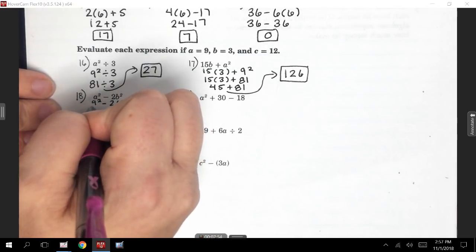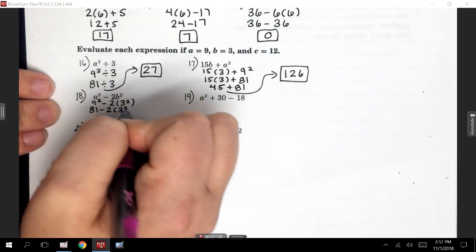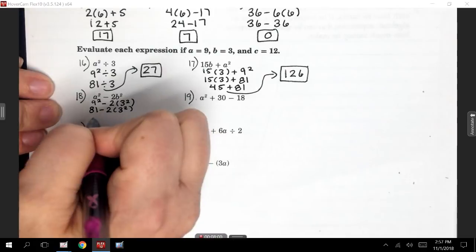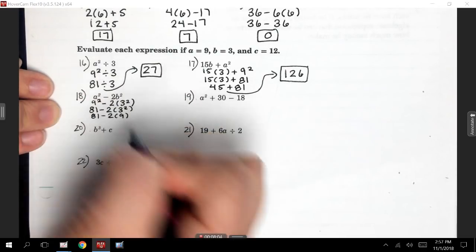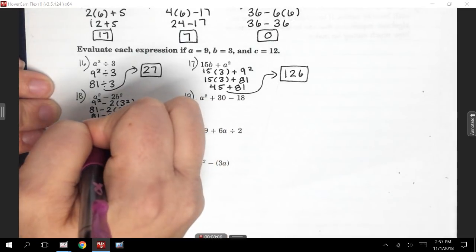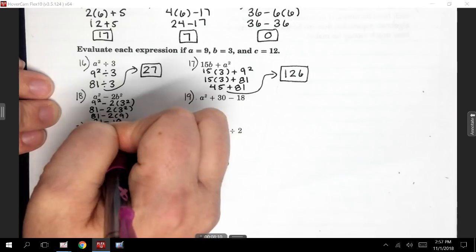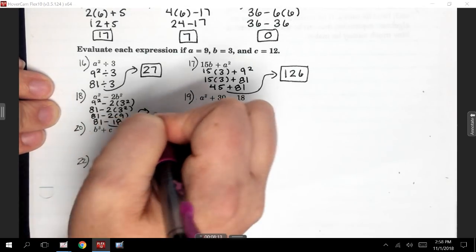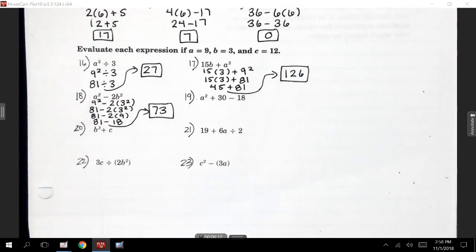So 9 to the second power gives me 81 minus 2 times 3 to the second power. Now I'm going to do 3 to the second power, so I get 81 minus 2 times 9. And then 2 times 9 gives me 18. And then when I do 81 minus 18, I get 73. Okay, so just following those steps of parentheses, exponents, multiply, divide, add, subtract.